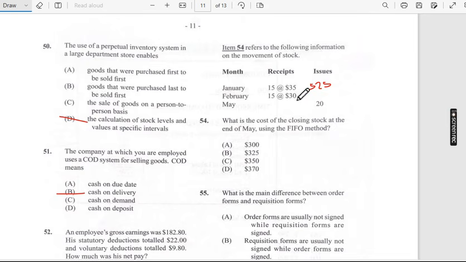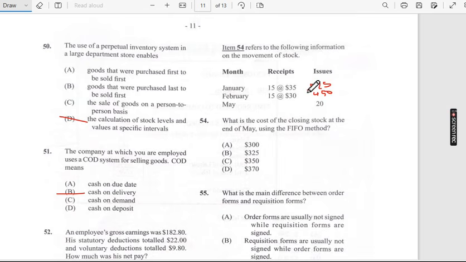We have 15 stocks in, another 30 out of the 35, so let's see how many stocks we would have in total. Another 15 at 30, I hope I'm doing this right. 450.